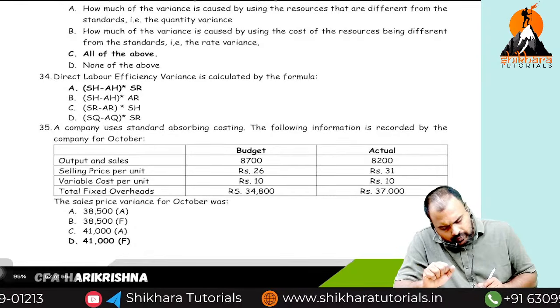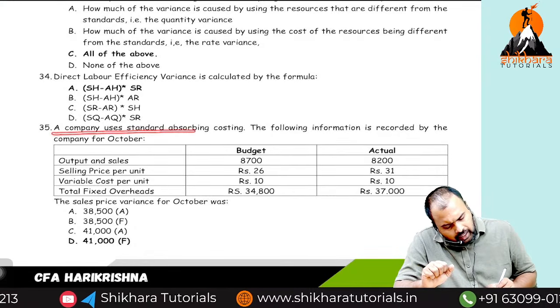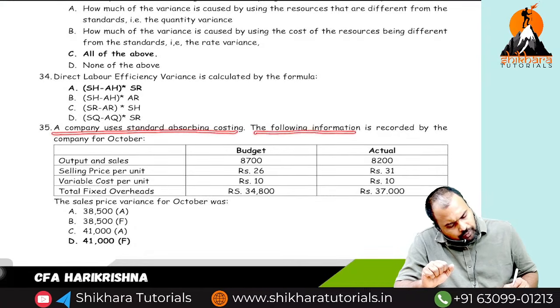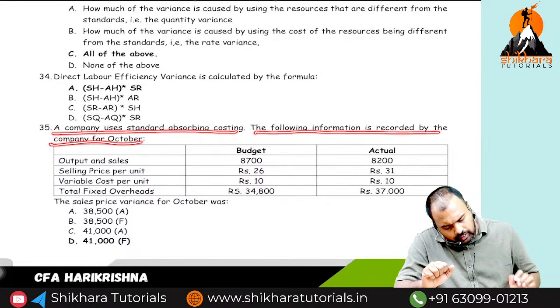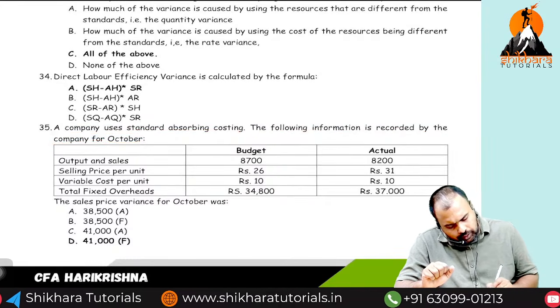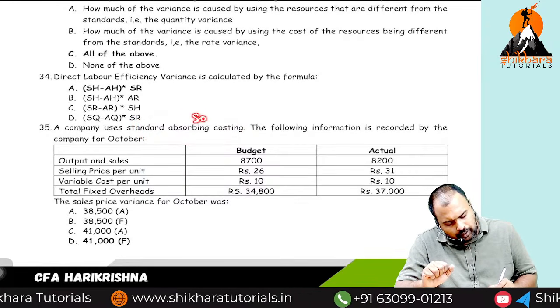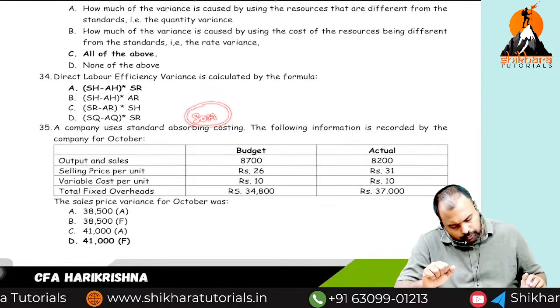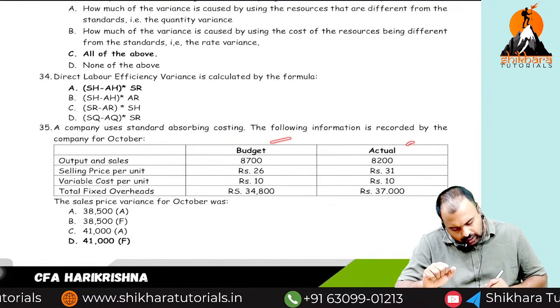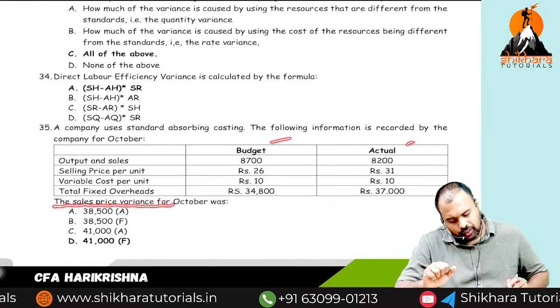35. A company uses standard absorption costing. The following information is recorded by the company for October. So, standard absorption costing we are using. Absorption costing is nothing but absorbed overhead, that is SOH. They have given budgets and actuals. Anyhow, only price variance they are calculating.